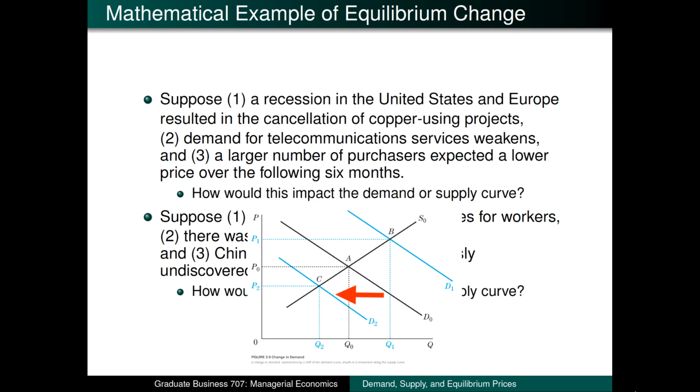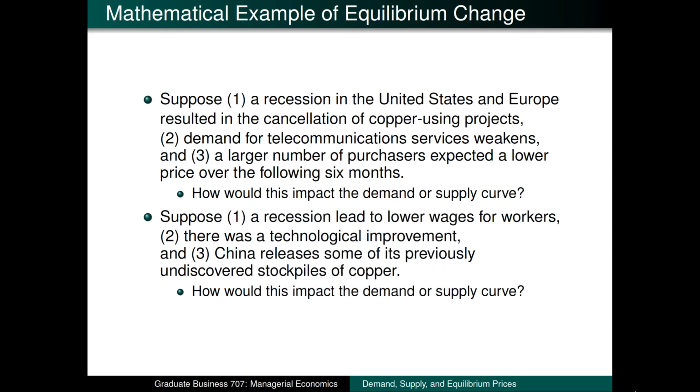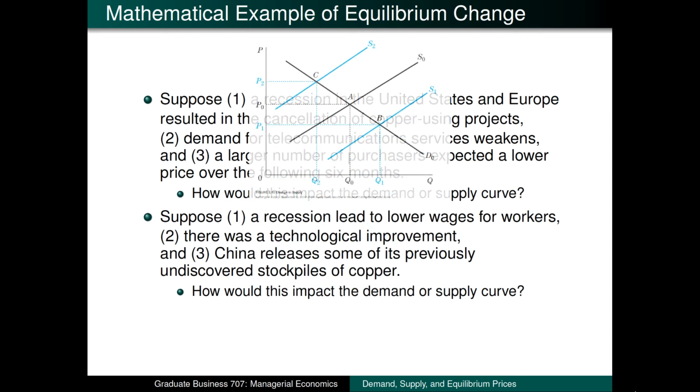The demand for telecom services, which relies heavily on copper wires, weakening is also an example of lower demand for copper. And a larger number of purchasers expecting a lower future price would decrease the demand for copper today. All three of these scenarios shift the demand curve to the left. On the other hand, the bottom bullet point is associated with a change in supply.